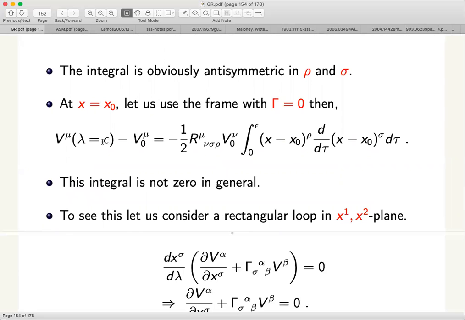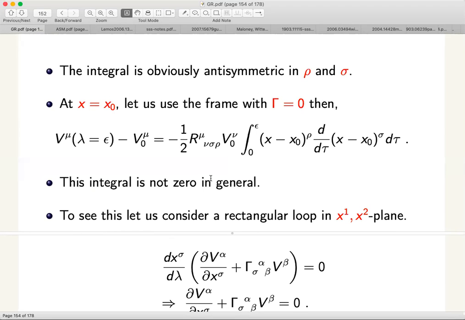Remember, lambda equals epsilon is the same point at which v0 mu is defined, because the small loop had a circumference of epsilon. So you just took it around and brought it back to the same point. And that gave you a term which is only dependent on the Riemann tensor.